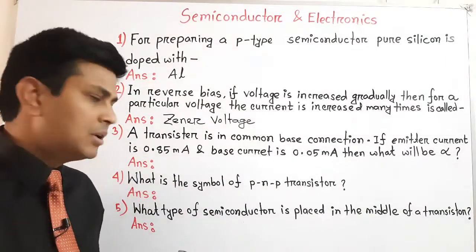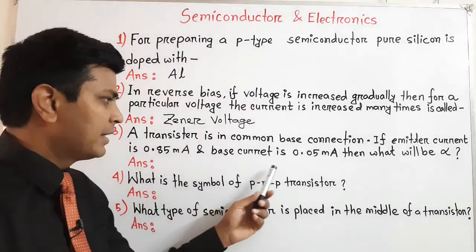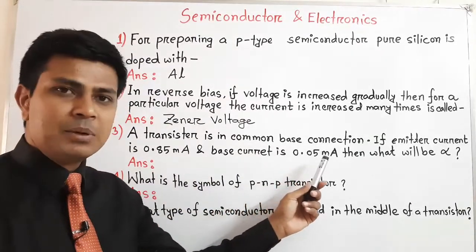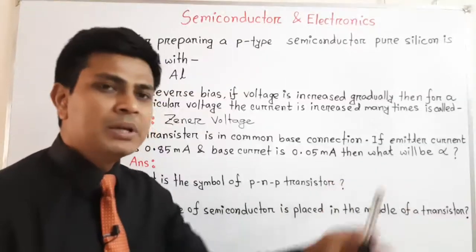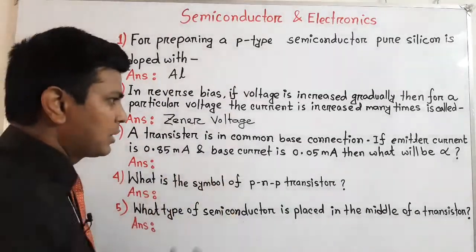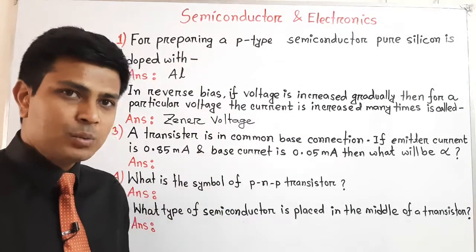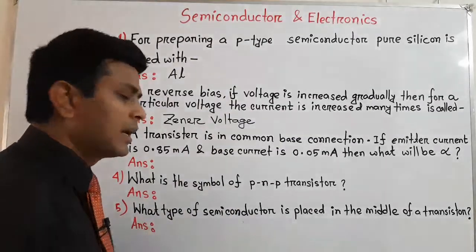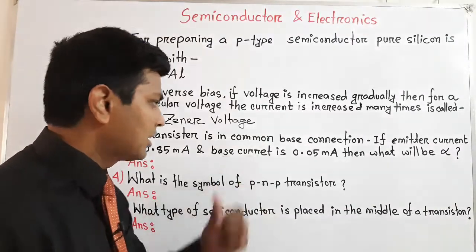Now question number 3. The question is, a transistor is in common base connection, and if the emitter current is 0.85 milliampere and base current is 0.05 milliampere, then what will be alpha? If you want to calculate the value of alpha, we need collector current and emitter current, but here collector current is not given.